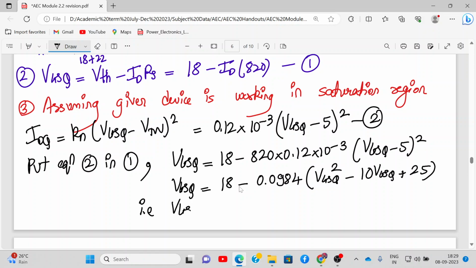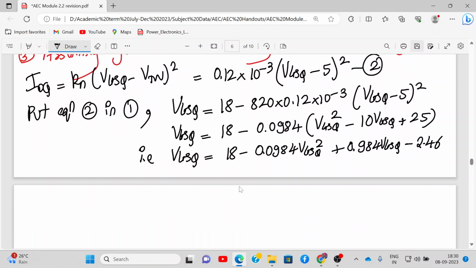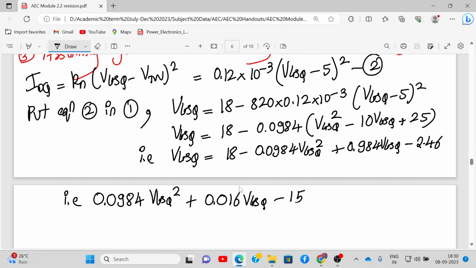That will be VGSQ is equal to 18 minus 0.0984 times VGSQ squared plus 0.984 times VGSQ minus 2.46. Are you getting these numbers correct? So the quadratic equation will be VGSQ square plus 0.016 VGSQ minus 15.54 volt is equal to 0.